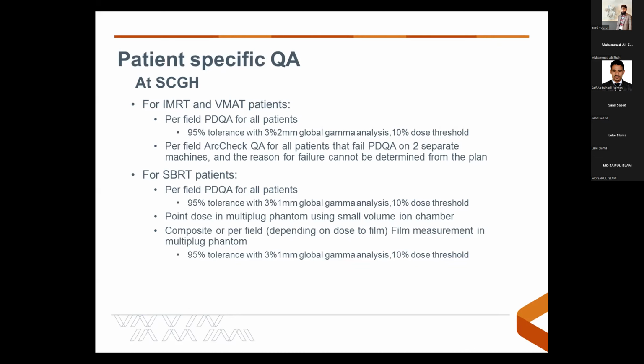For SBRT, we use a 3% 1 mm gamma analysis for portal dosimetry, and we also do a composite analysis with film in a cylindrical phantom with a 3% 1 mm global gamma analysis as well. We also do a point dose measurement, but we are slowly going to be removing that requirement for SBRT. So we do a lot of QA for SBRT patients at the moment.